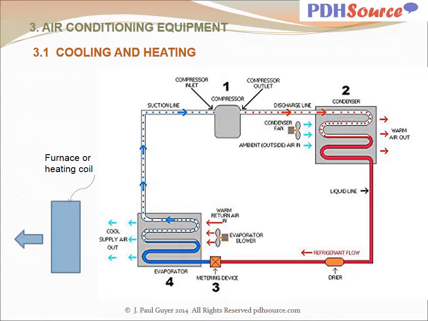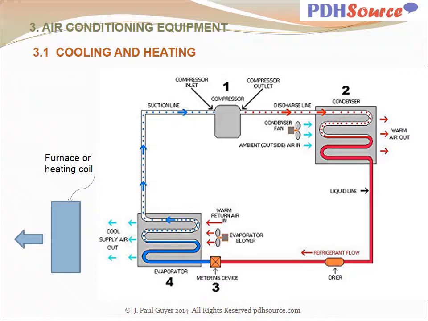And this figure here represents the combination of these two tasks, cooling and heating, in one system. And this is what you would call an HVAC system: heating, ventilating, and cooling system. And so you have the refrigerant cycle.